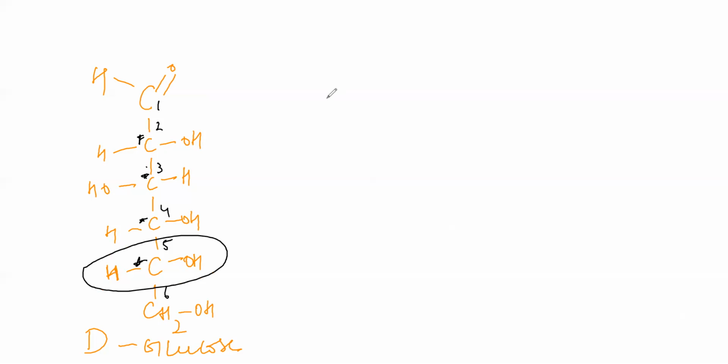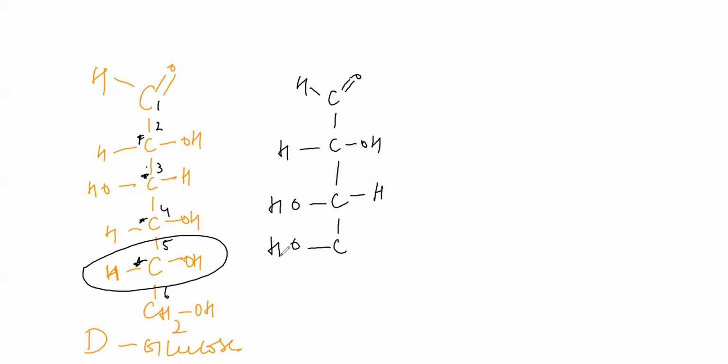And if I draw another structure now, C double bond OH, CHOH, and CHOH, and here I'll draw it like this, H and OH. This is an asymmetric carbon with OH here and H here.